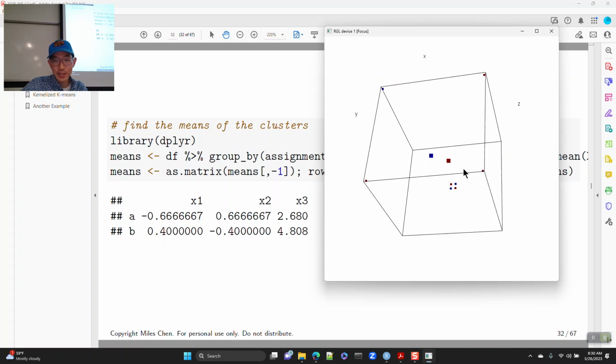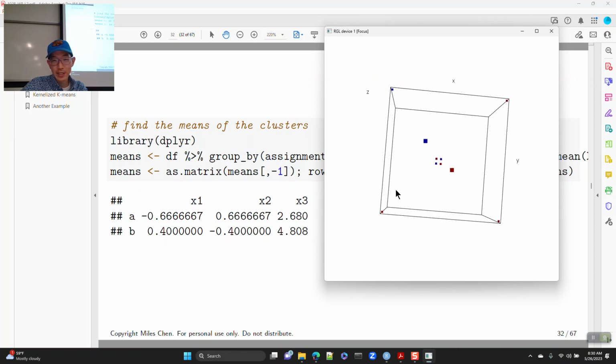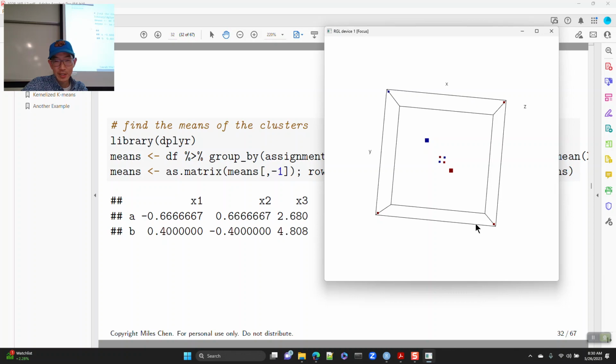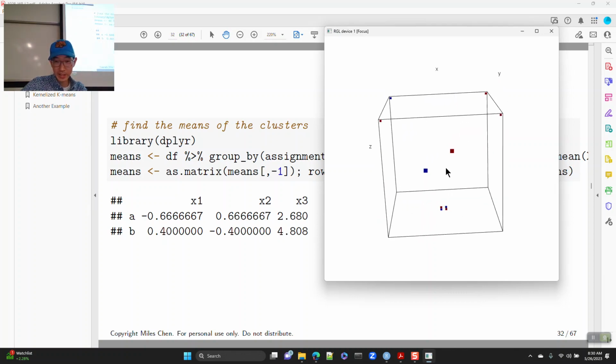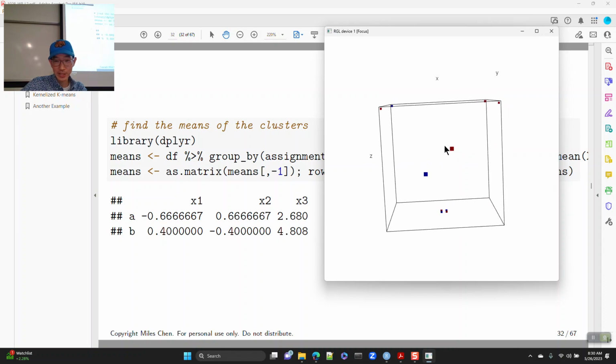And then over here for the red cluster, we're at 0.4, negative 0.4, and then the z coordinate is at 4.8.